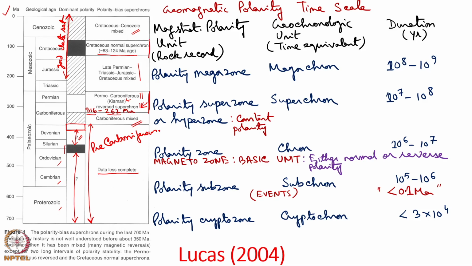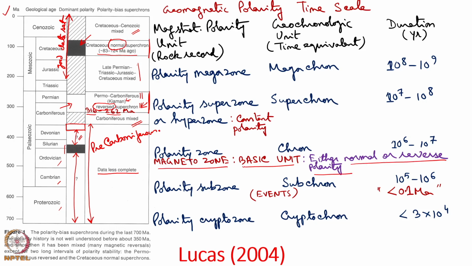These are well established. For one of the superchrons we have used the word normal, and for the other superchron, which is older, we have used the word reversed. And as I said, normal will be represented by a black box and the reverse will be represented by a white box or the white column.